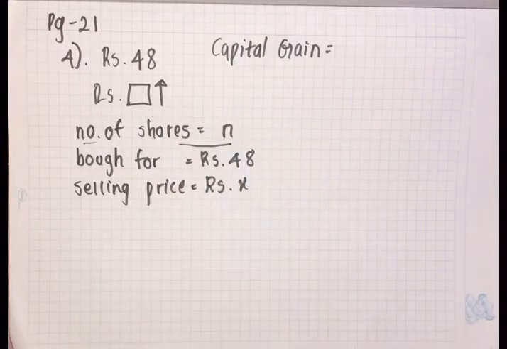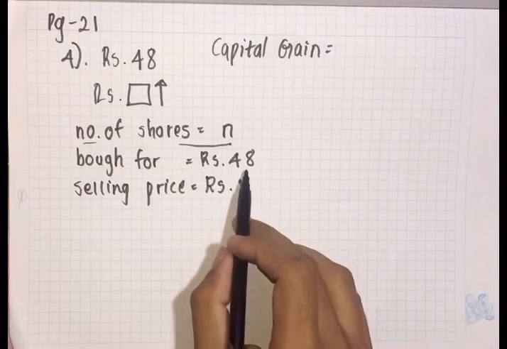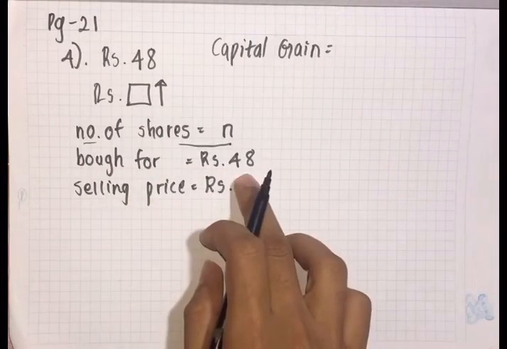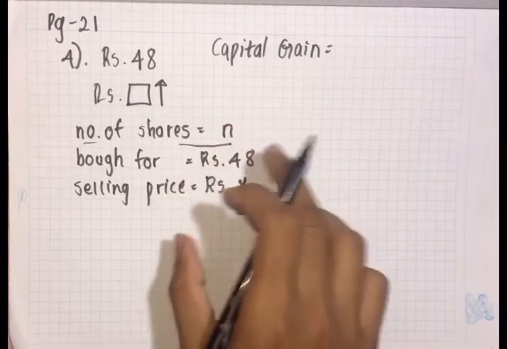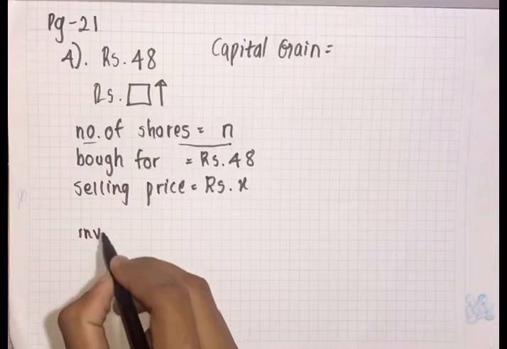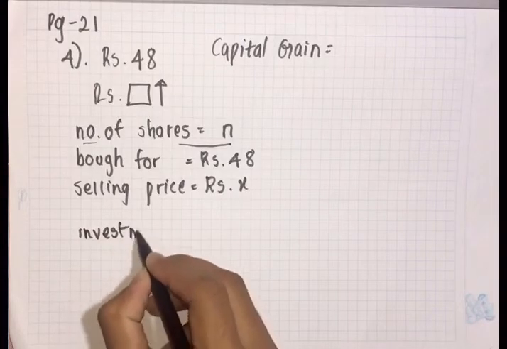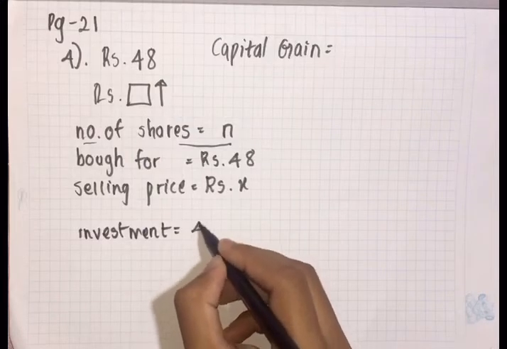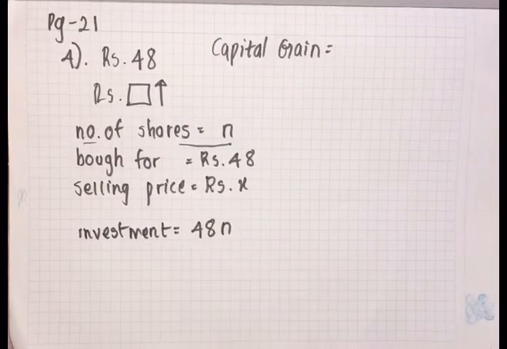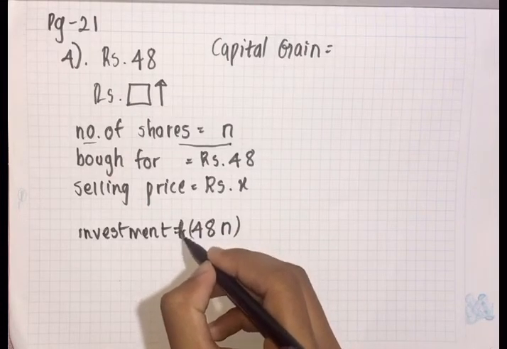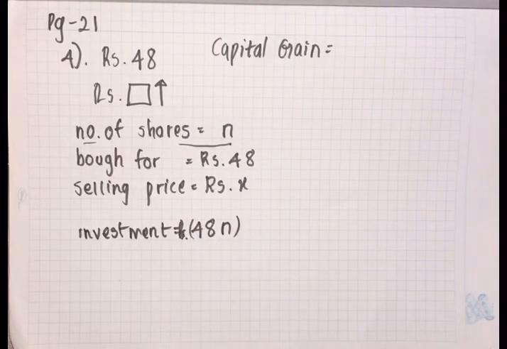Think of a normal example: the amount of one thing times the total number of things is the amount invested. Therefore, I'll say investment is equal to 48n rupees. Don't forget it.